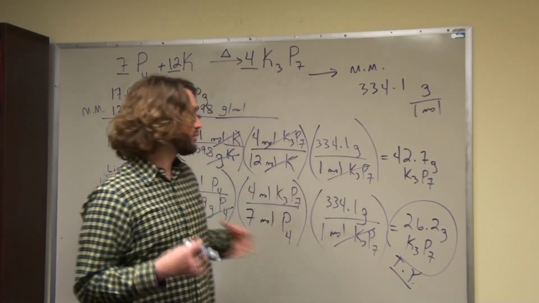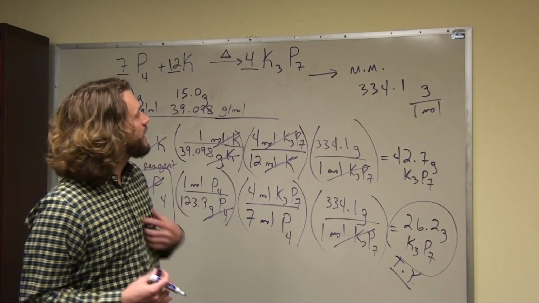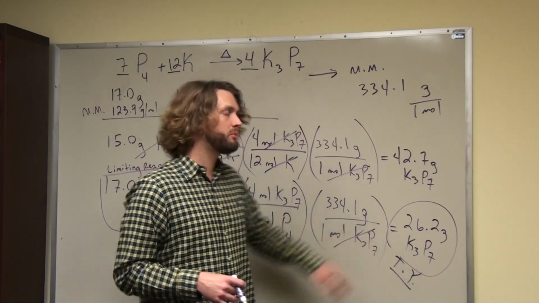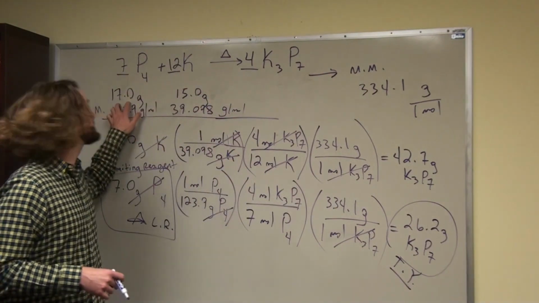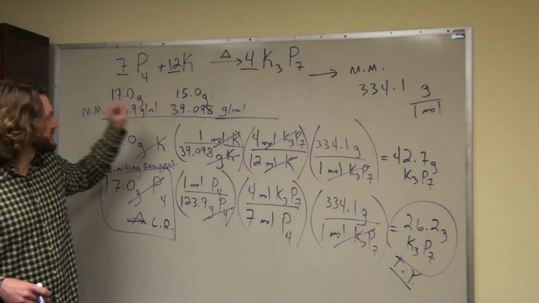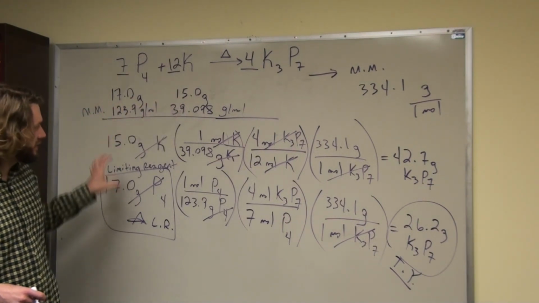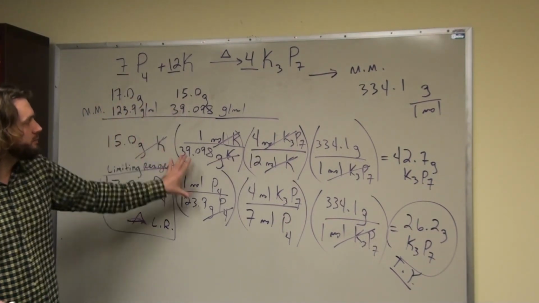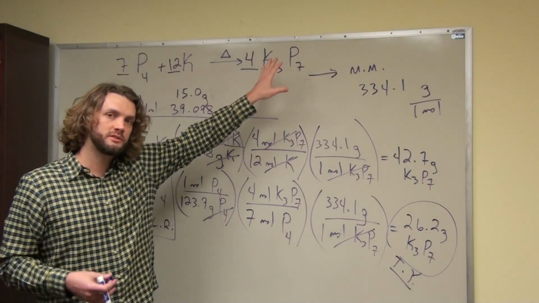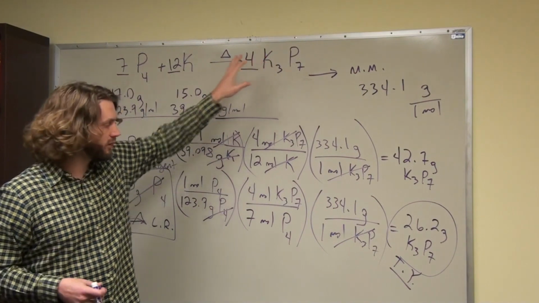Okay, so just to summarize what we did. We were doing stoichiometry. We're wanting to determine the amount of K3P7 that could be formed from the combination of 17 grams of P4 with 15 grams of potassium. So we took each mass of reagent separately, converted to moles so that we could then use the balanced equation, following the law of conservation of mass, doing quantitative work.